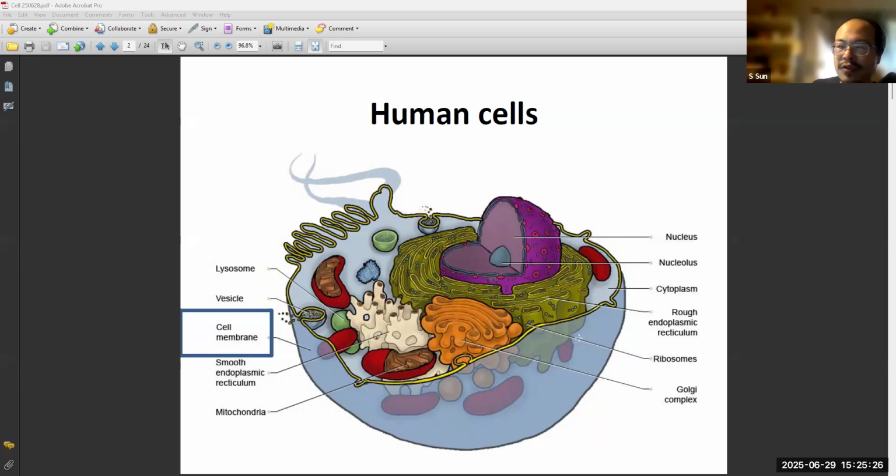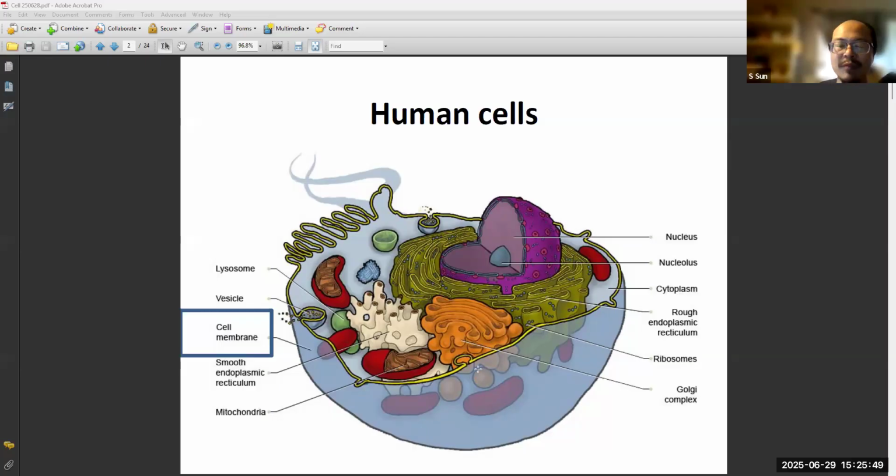The cell membrane controls what can go in and what can go out. Cells need to get oxygen. Cells need to release their metabolic waste out of the cell so the cell can maintain its health.